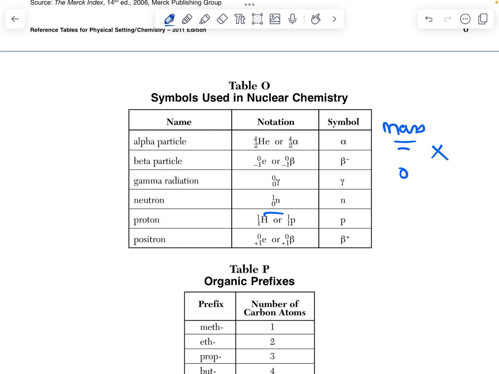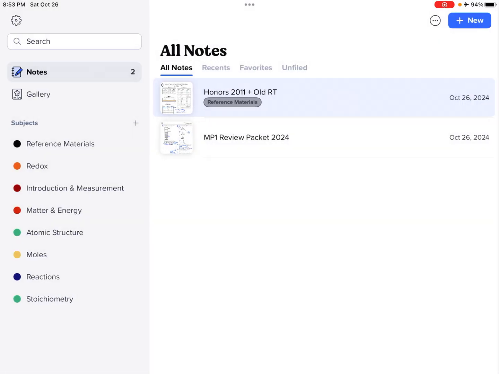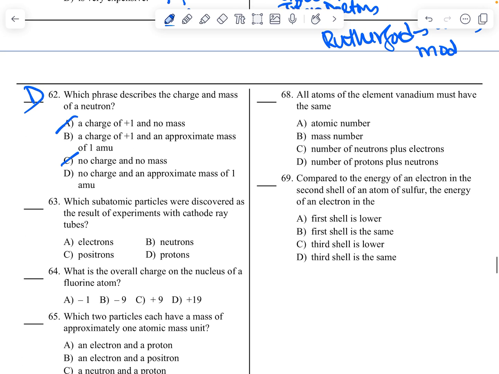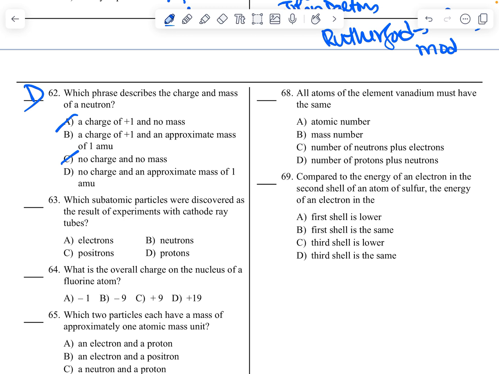So the mass is in the top left. So the mass of a neutron is 1. So coming back here, approximate mass of 1 AMU. So neutrons have no charge, neutral, so no charge, mass of 1. Which subatomic particles were discovered as a result of the cathode ray tube? That would be the electrons, J.J. Thomson.